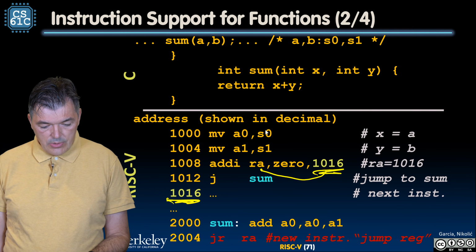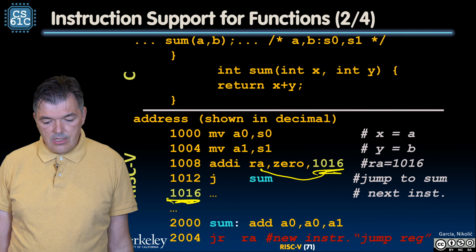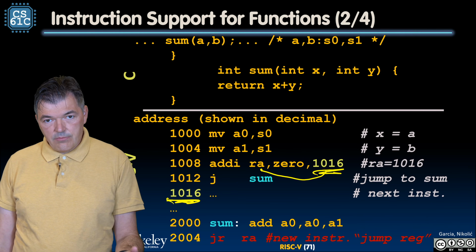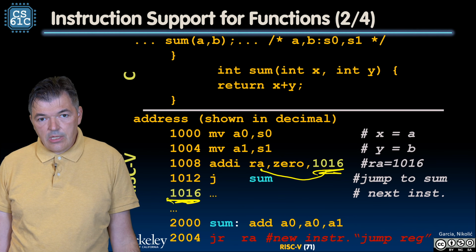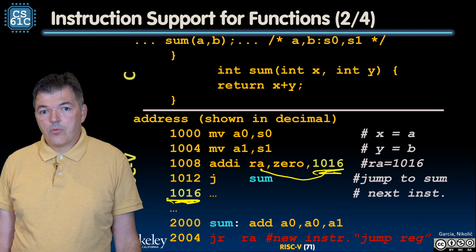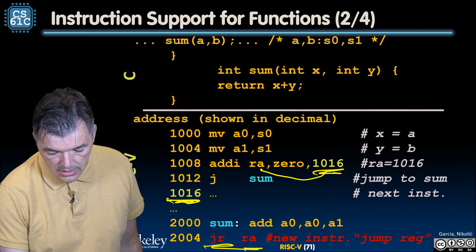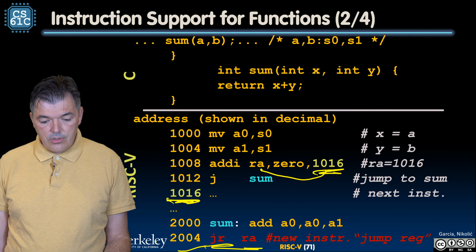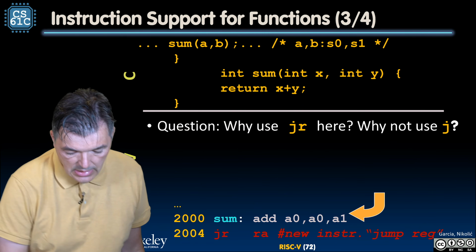So we simply jump to the sum. Sum does its stuff, adds A0 and A1, saves the result in the return argument A0, and it's done. Then it's ready to jump back to the main. We use a new instruction here, JR RA, to return to the address stored in RA, which is 1016.